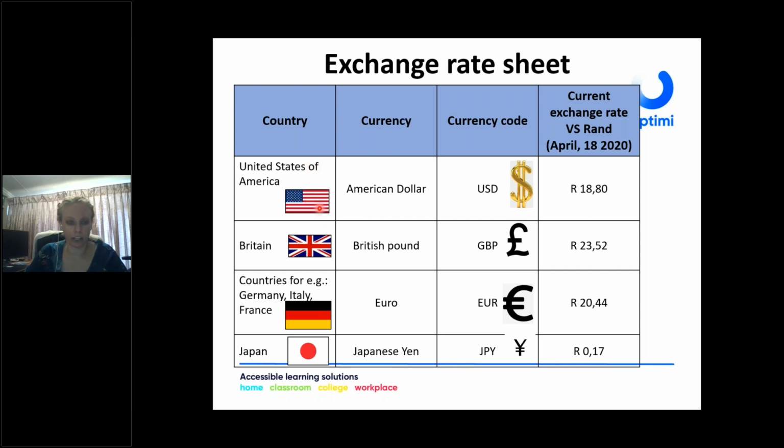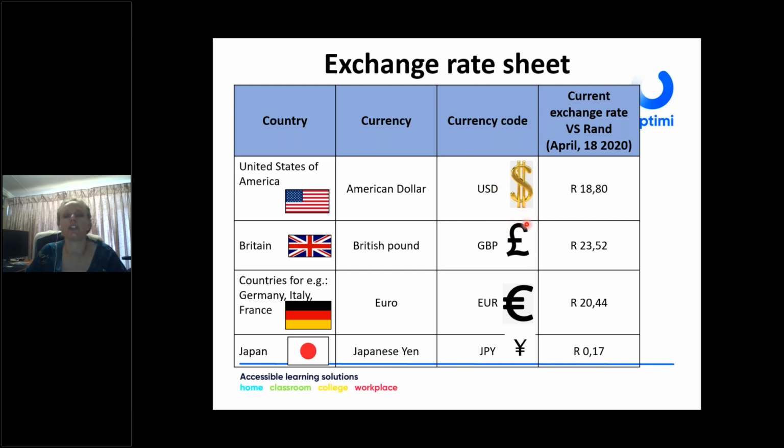Okay. So if we quickly look also at their coding, the United States of America, you must be able to identify the country and the currency that they use. As I said, you must be able to give the correct signage for the currency. Learners tend to swap the two around. When it comes to Britain and the British pound, they normally use the pound sign for dollar and vice versa.